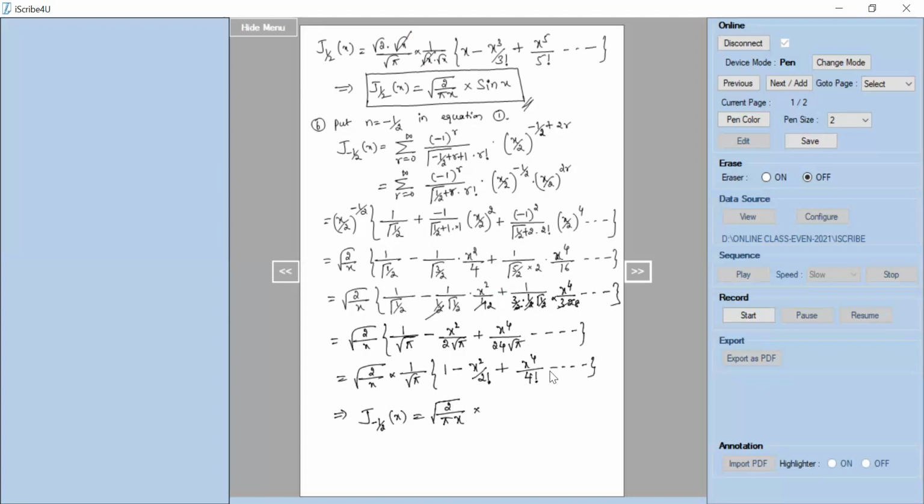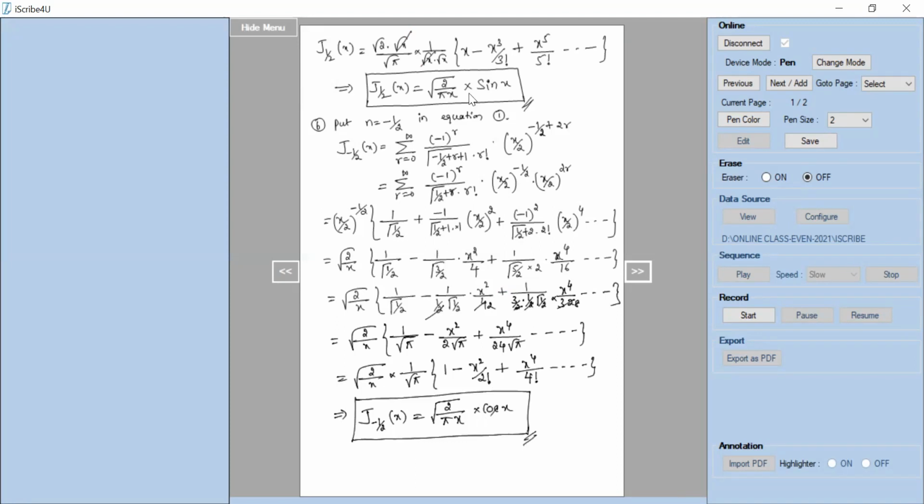So I can write this as cos x. So therefore we get J minus 1 by 2 of x is equal to square root of 2 by pi x into cos x. So this is the second standard result related to Bessel function.